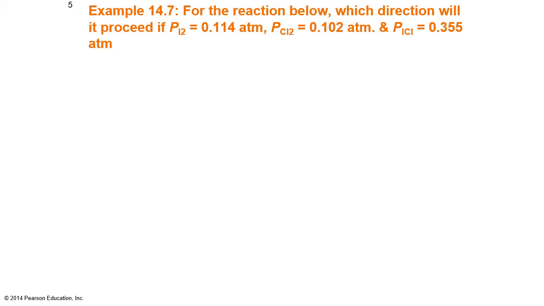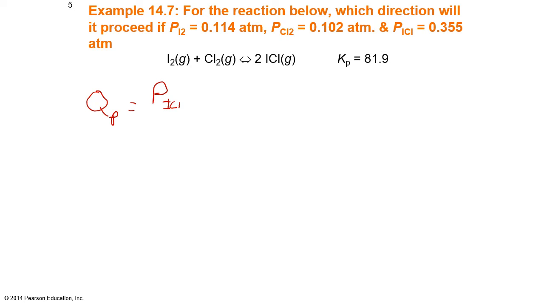Let's try an example. For the following reaction, determine which direction our reaction is going to proceed. And in order to do that, we need to find Q, our reaction quotient. Because we're given pressures, it is going to be QP. So we're going to take the pressure of the products divided by the pressures of the reactants.